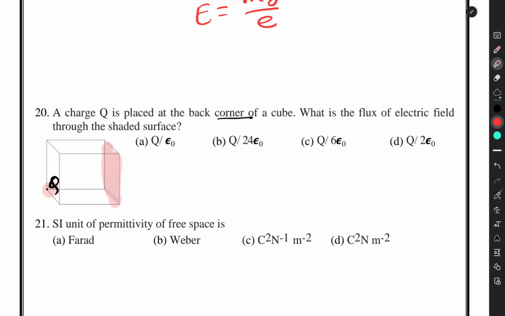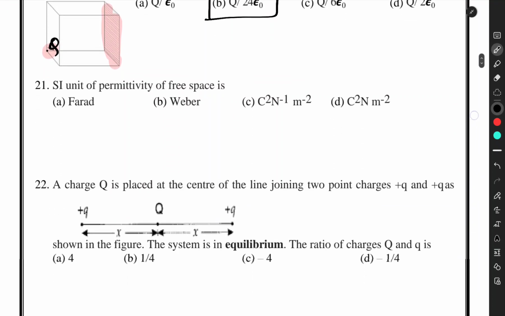Here, so one face. So if you know the basics, you can easily answer. That is, option B is correct. If the charge is at the corner, then the answer will be phi is equal to Q by 24 epsilon naught for this question. Yes, we'll move on to the next one.